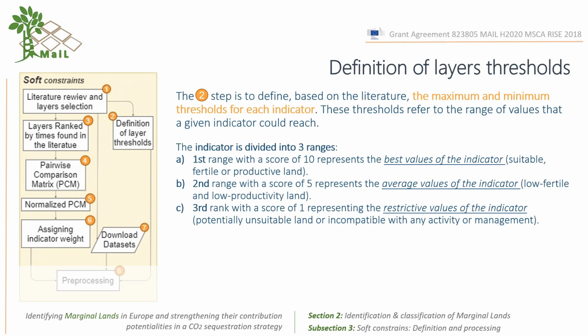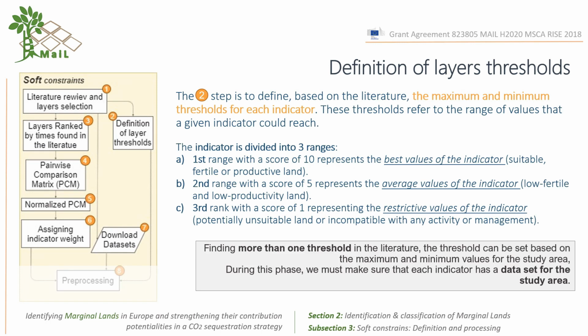The first range, with a score of 10, represents the best value of the indicator, for example, productive lands. The second range, with a score of 5, represents the average value of the indicator, not very fertile and not very productive land. And the third range, with a score of 1, represents the restrictive value of the indicator, land potentiality unsustainable or incompatible with any activity or management.